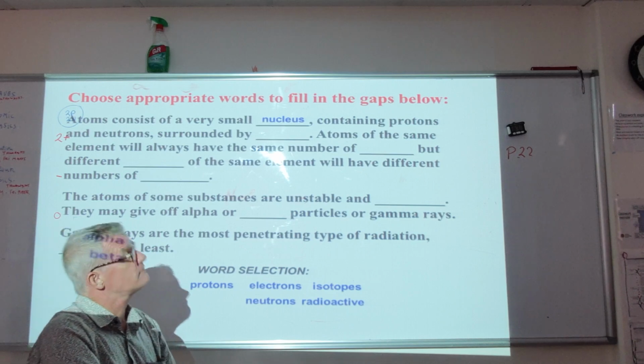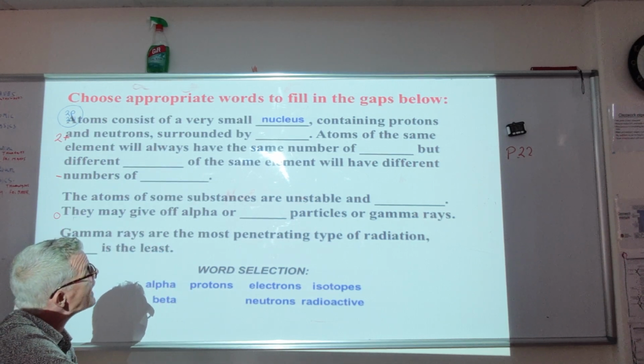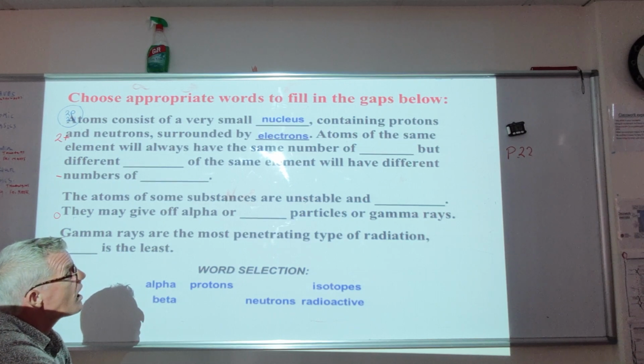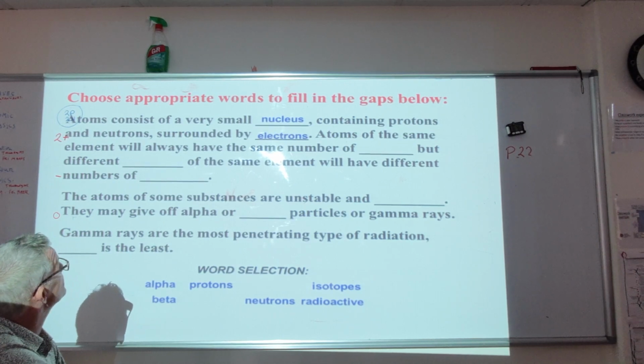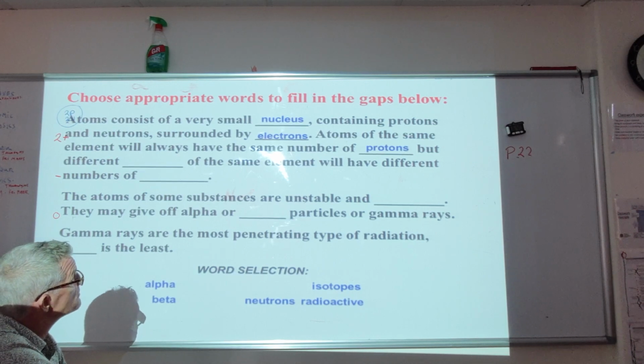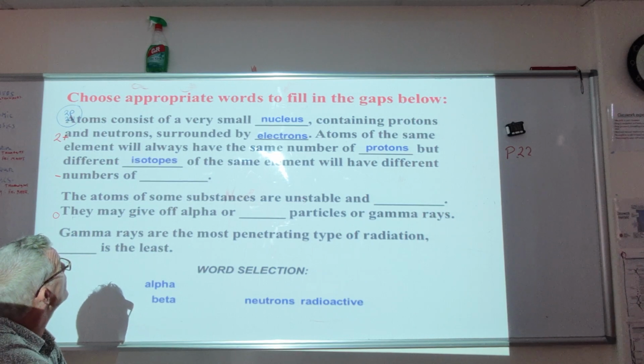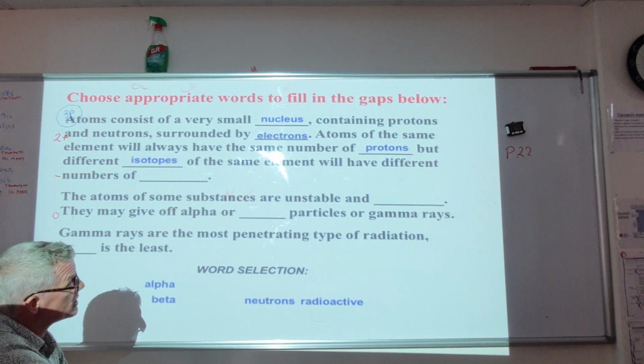Atoms have a very small nucleus containing protons and neutrons surrounded by electrons. Atoms of the same element will always have the same number of protons, but a different amount of neutrons, giving different isotopes of the same element.